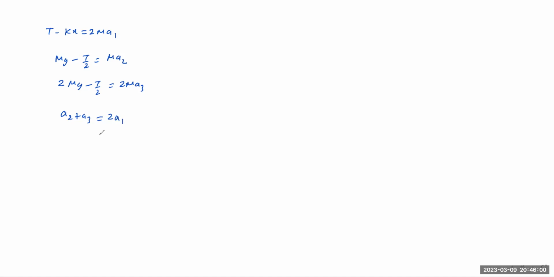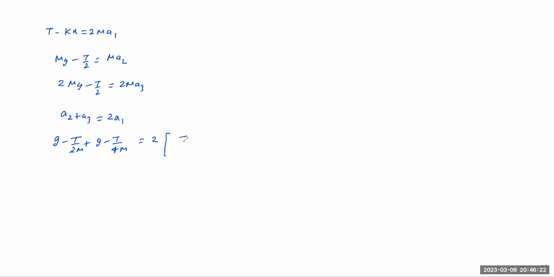So this is the simple pulley constraint, if you remember the pulley constraint. And now what I did was I simply substituted the value of A2 and A3. A2 is g minus g by 2M, just to make sure that I did everything correctly. g minus T by 4M.